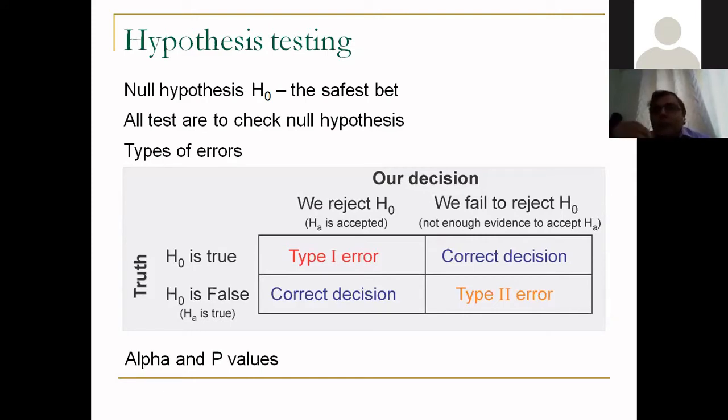And because that probability is so small, I can take a risk of rejecting the null hypothesis. I call it a risk because when you reject the null hypothesis, you can do a type 1 error, but the probability that such a type 1 error will occur is very, very small. So I'm ready to take that risk.